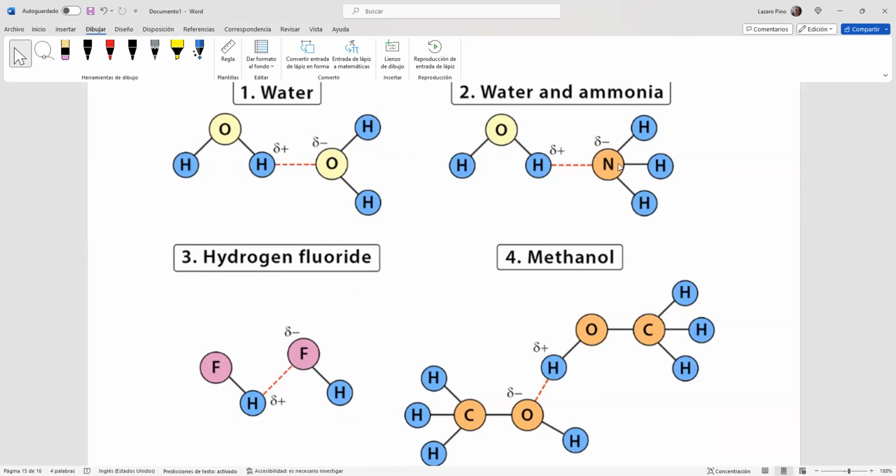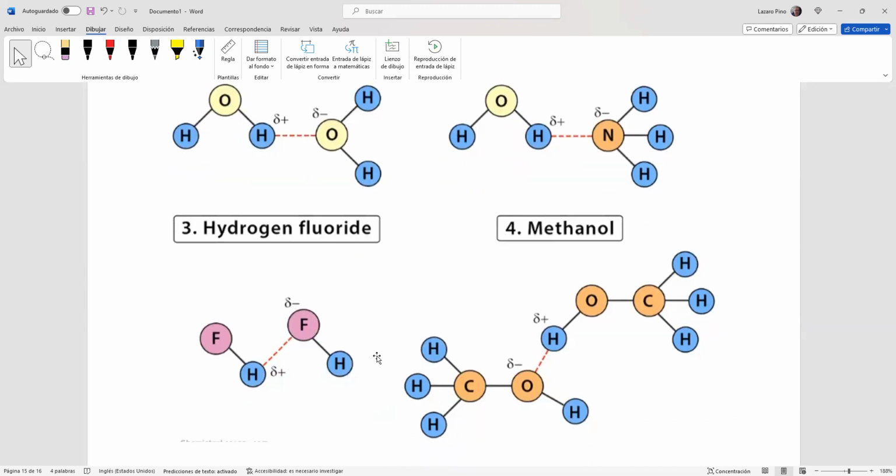Water and ammonia, the hydrogen of the water and the nitrogen of the ammonia can make hydrogen bonds, and that's why ammonia can be dissolved in water more easily. And the same thing between an alcohol and water, or the case of hydrogen fluoride.